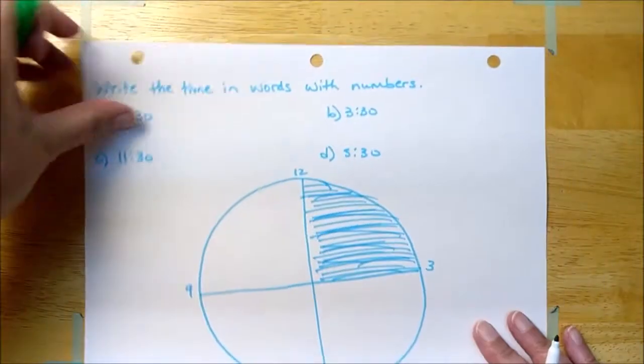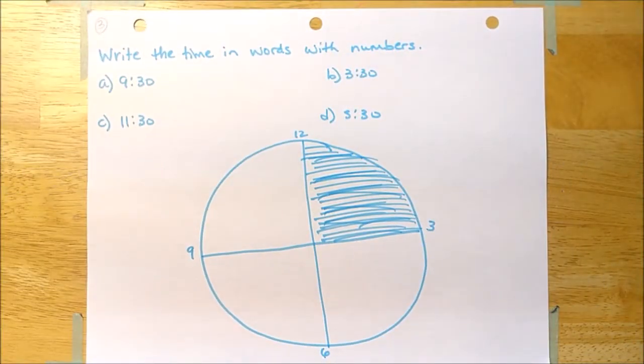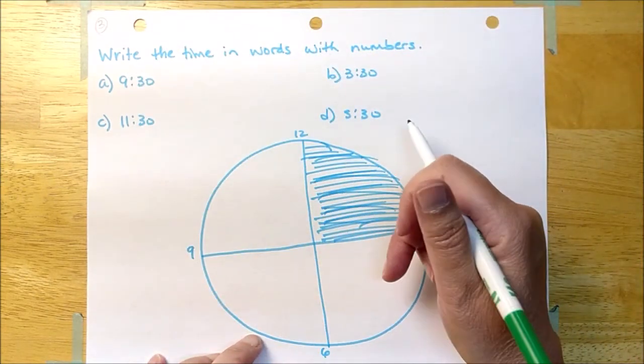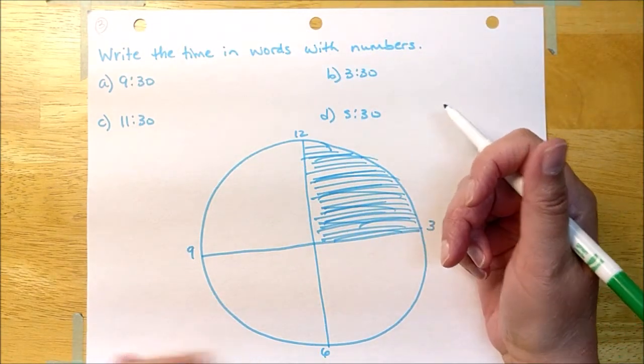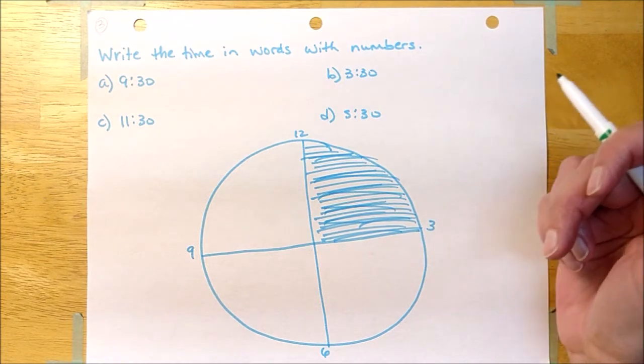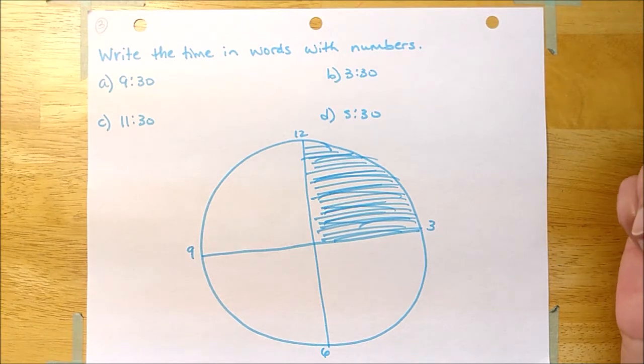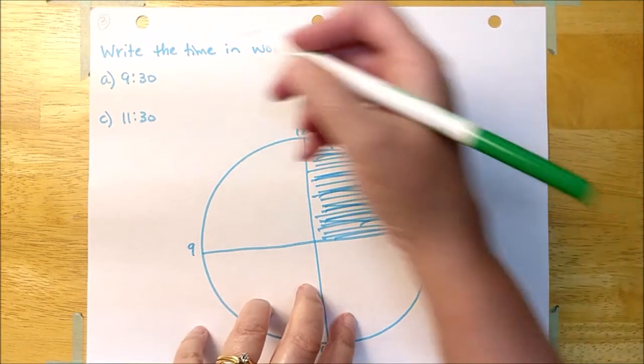So now, if I was to do it the other way around, I'm going to give it to you in numbers. I would like you to write it in words with a number. So see if you can come up with what that would be. Pause and figure it out. Okay, you're back.